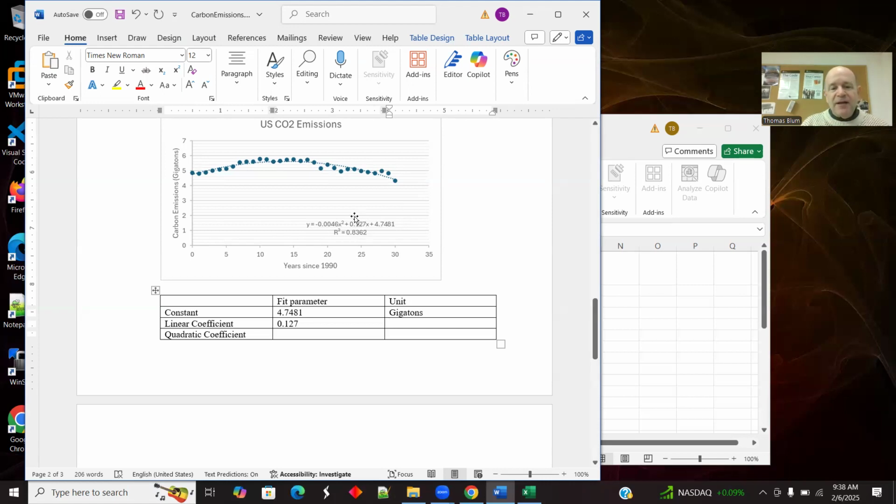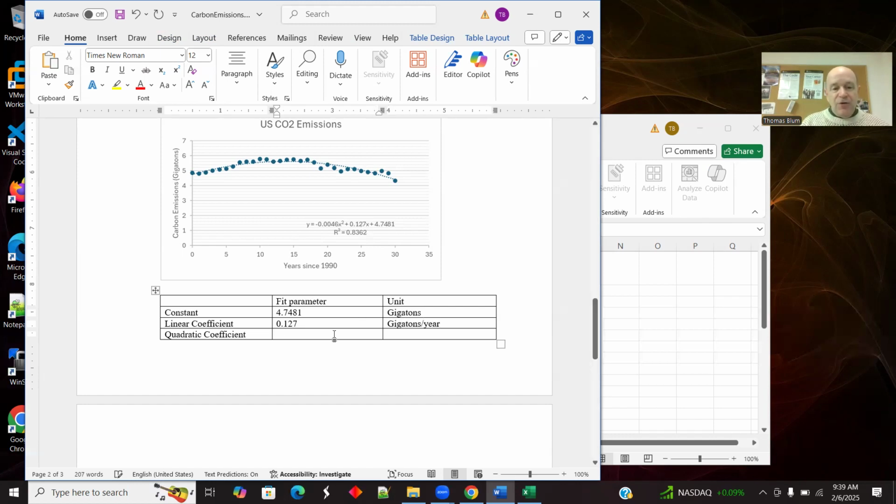Another way to say it is that this 0.127 times x, as a combination, has to have units of gigatons, and x has units of years, so the 0.127 has to be gigatons per year, so that the years in the denominator of the 0.127 and the years in the x cancel each other. We're just left with gigatons when we multiply them.